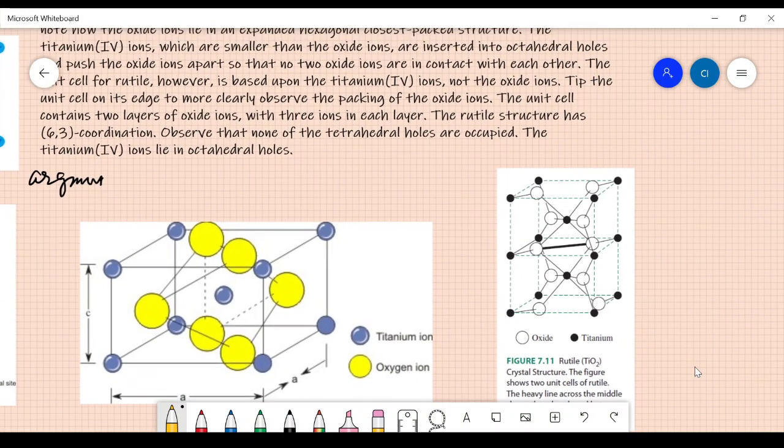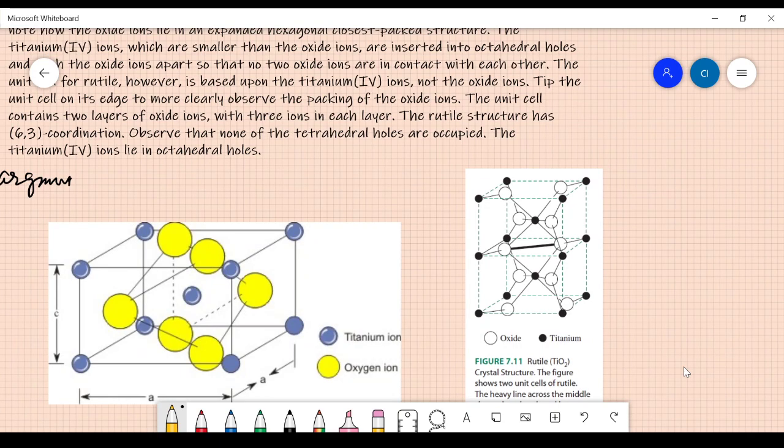I'll just take up this. So I'm coming to this. I think you will see that if you have two layers, this is one cuboid, the first cuboid that we have seen. What is in the cuboid?